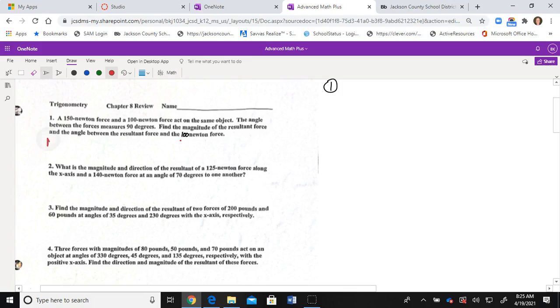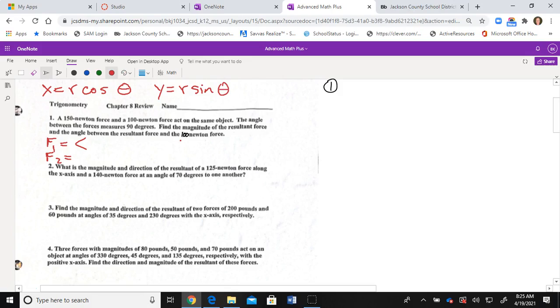And there's two vectors. There's a force 1 vector and a force 2 vector. If you haven't remembered, x is r cosine of theta, and y is r sine of theta.